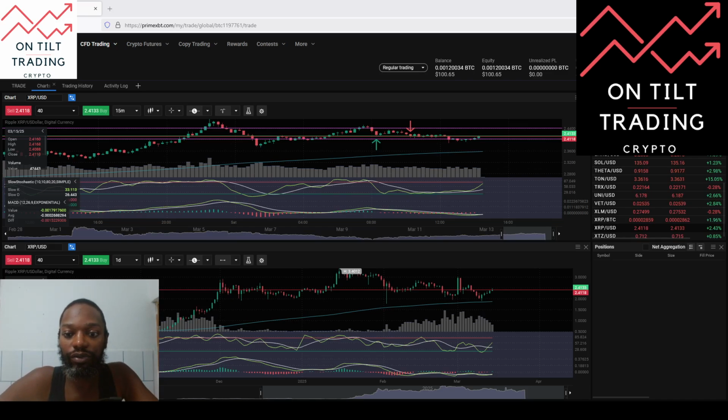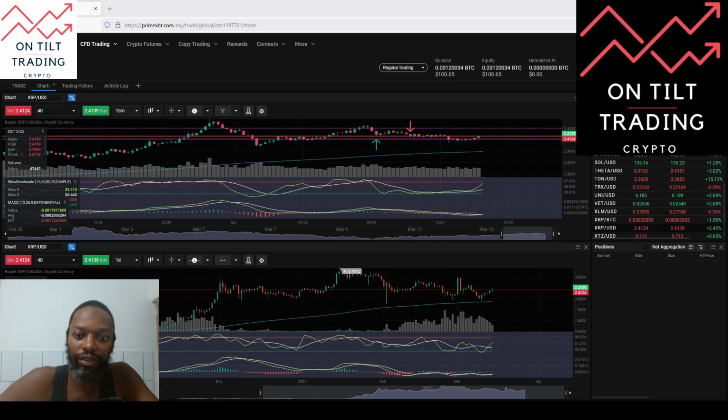So the daily I use to gauge whether or not I think a currency pair is strong or weak. This is my deciding factor, and it helps me decide what direction I want to trade.